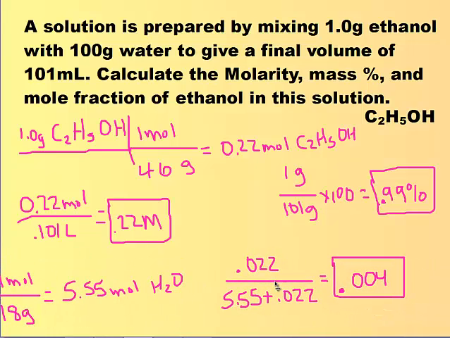We have moles of solute on top, and then 5.55 plus 0.022 on the bottom, giving us a mole fraction of ethanol of 0.004. We also could have found the mole fraction of water by putting 5.55 on top and still keeping the same denominator.